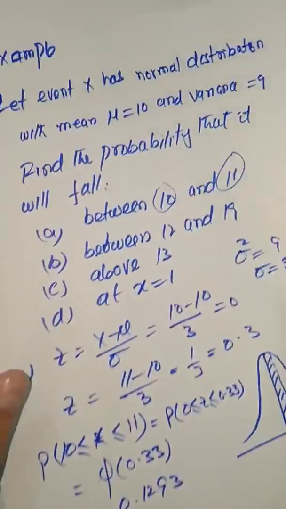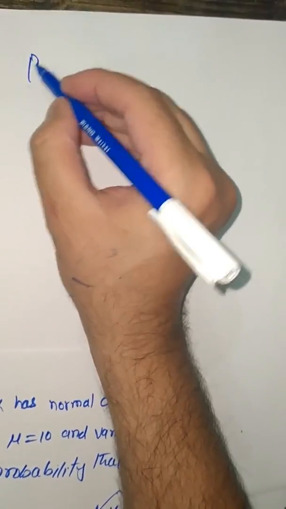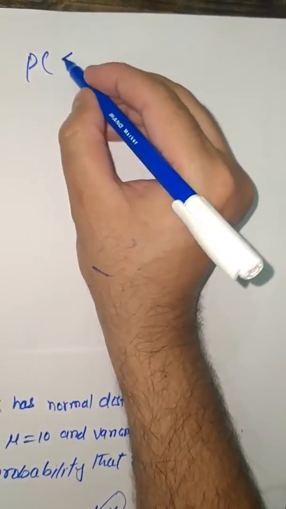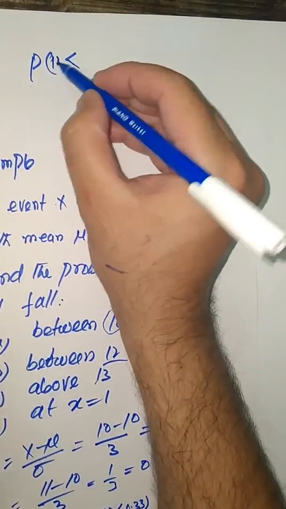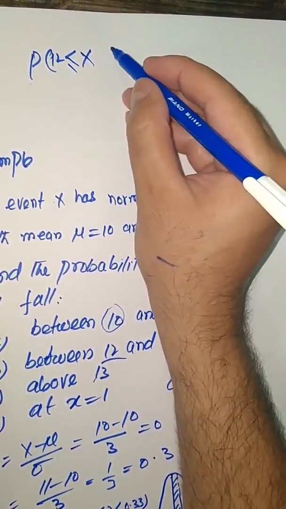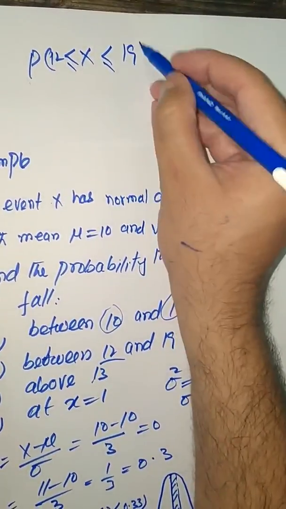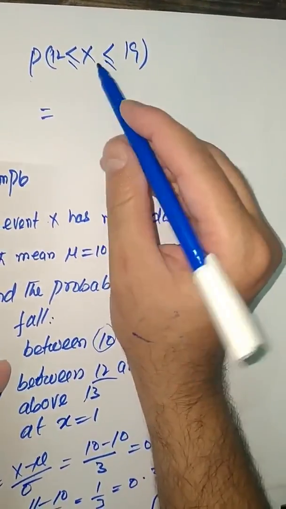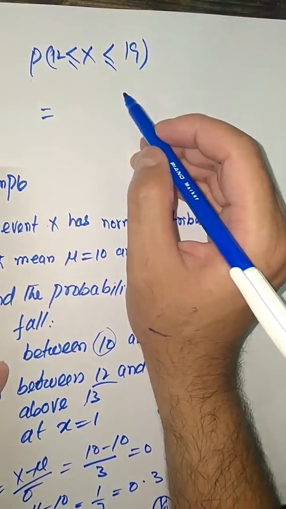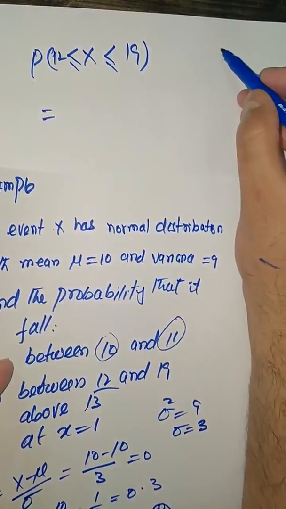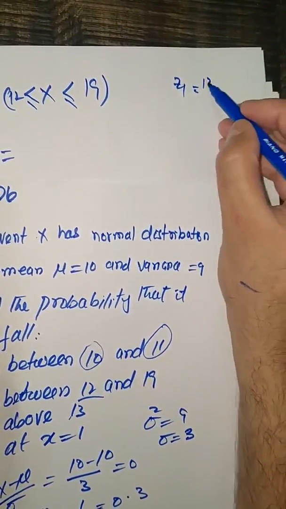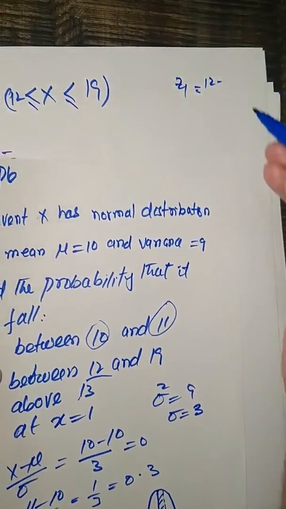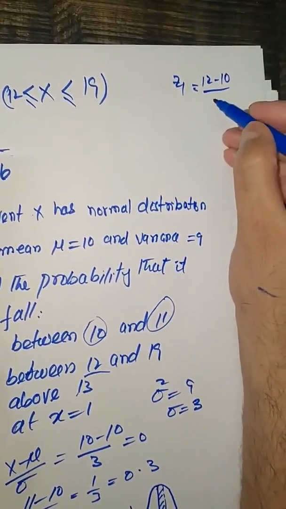So solving the b part, let's find the probability when x is greater than or equal to 12, and it is less than or equal to 19. In first case, z1 would be equal to 12 minus mu, which is 10, divided by standard deviation 3.